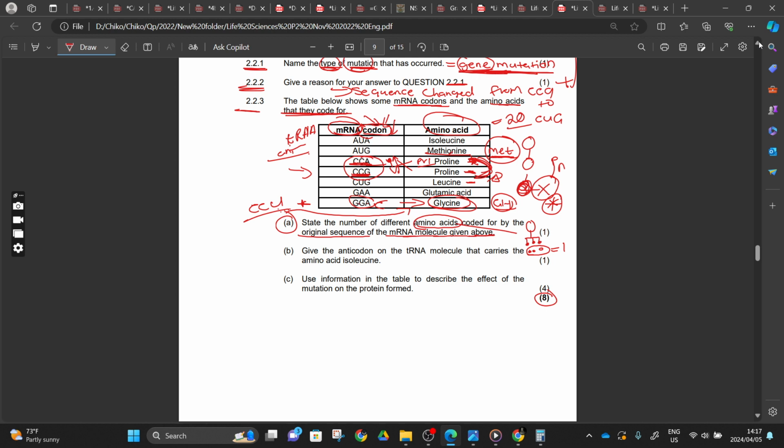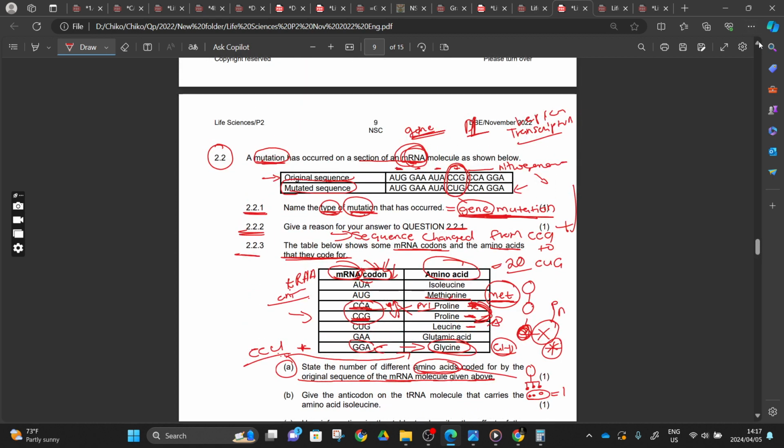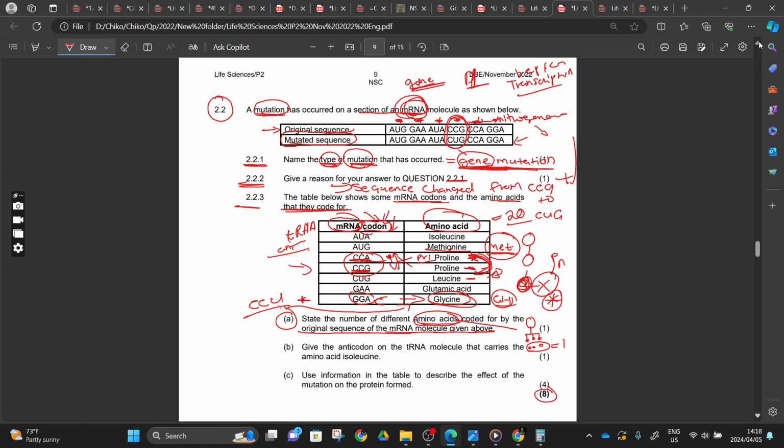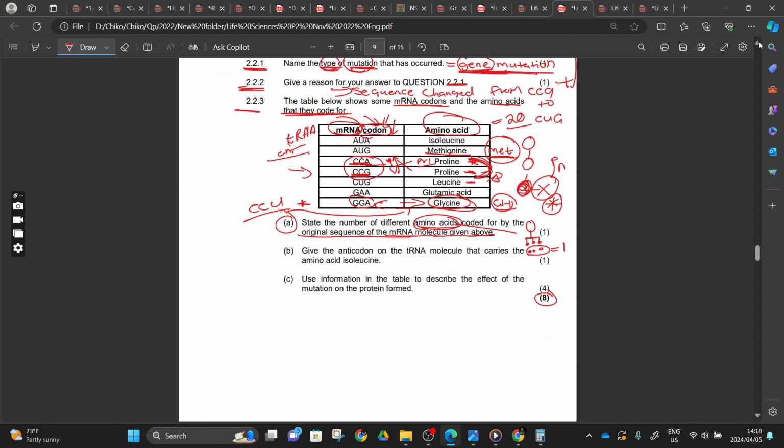So here they want the number of different amino acids coded for by the original sequence of the mRNA. So we go up and say 1, 2, 3, 4, 5, 6.